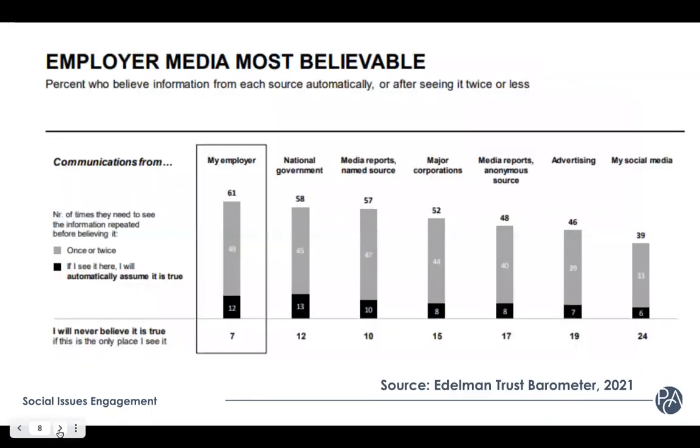The other thing is, I think people are often surprised that their company or the organization they work for actually has a say on these issues and that they're believable. But employer media is the most trusted media. This is from the Edelman Trust Barometer, not from the Public Affairs Council anymore. I don't know if anyone has read the Edelman Trust Barometer this year, but they have a lot of new questions in it about the pandemic and about companies engaging on these types of things.